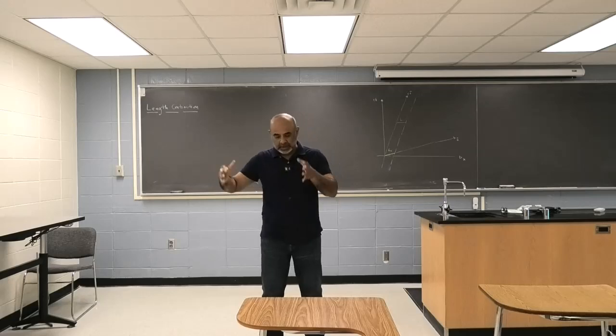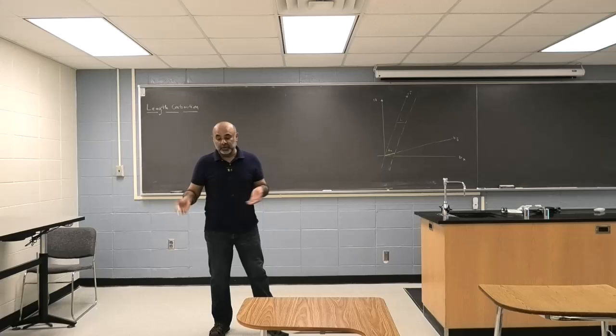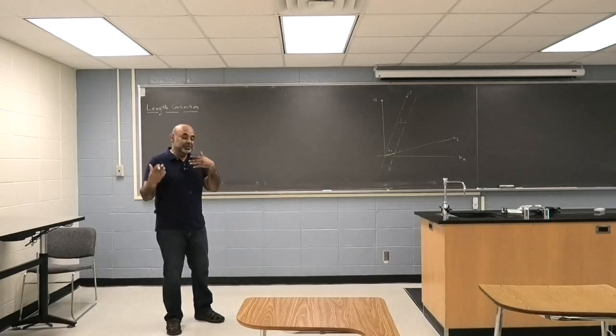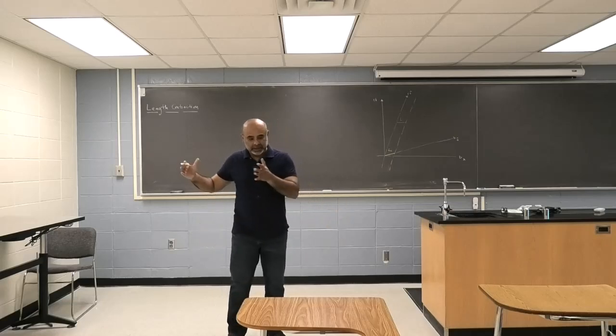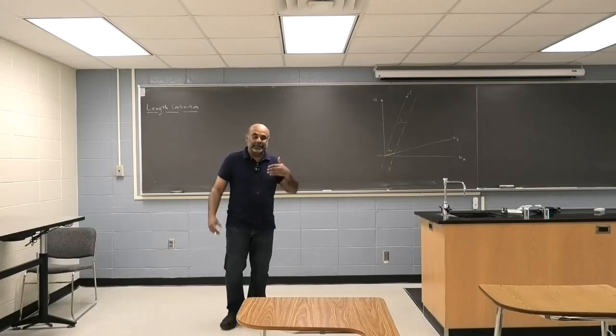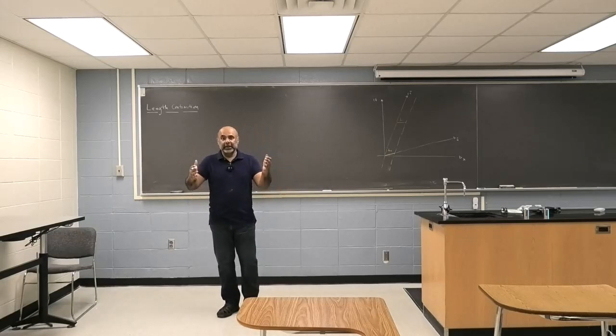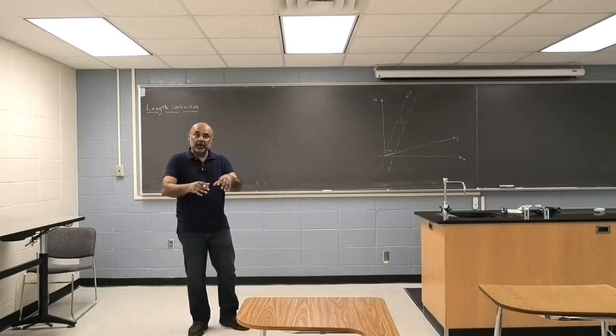If something of a certain length, let's say a fast airplane or a spaceship, is moving past you with a large speed, close to the speed of light, and you measure its length, it is going to be less than the length measured by an observer sitting on the spaceship.